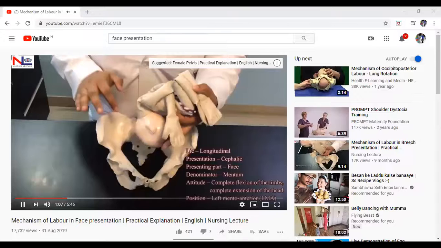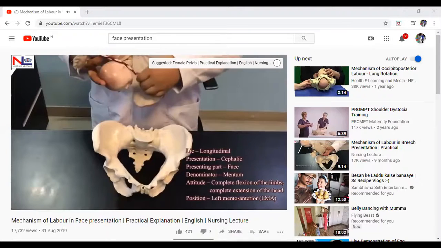Can you see? There is a complete extension of head. So the occiput comes in relation with the back, and there are 4 positions formed in the pelvic brim. The first position is right mento-posterior, in which the mentum is directed toward the right side of the sacroiliac joint. Can you see this?